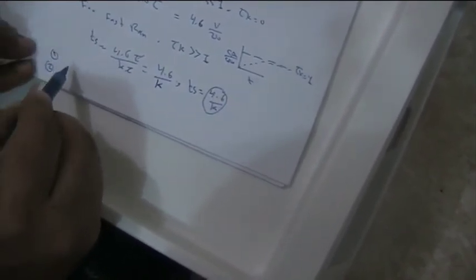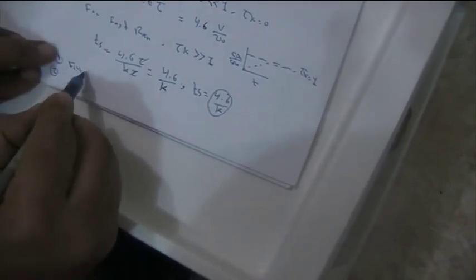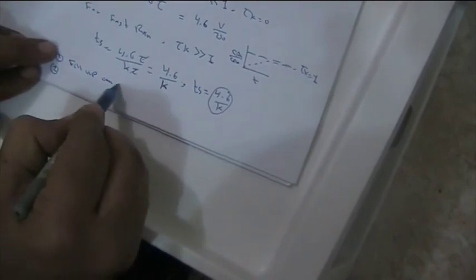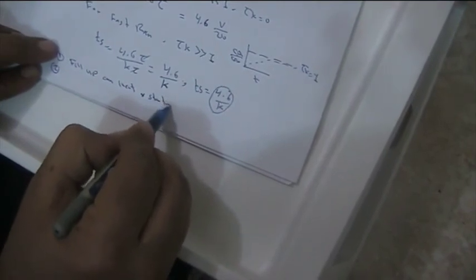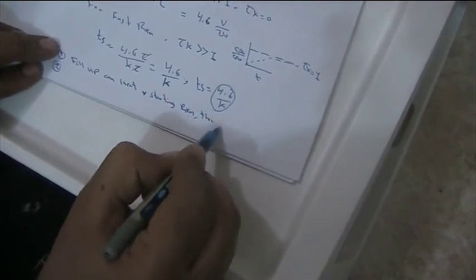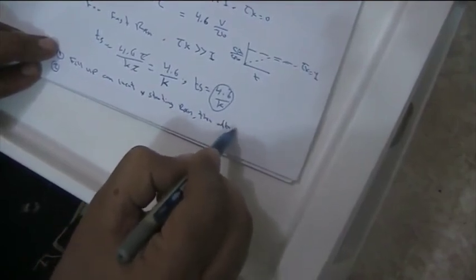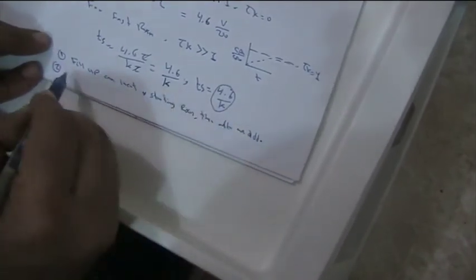Now, from all that, we have two cases. First one, we fill up with an inert and start our reactions after we reach steady state. Then we add our material.